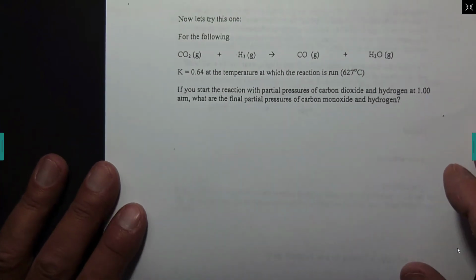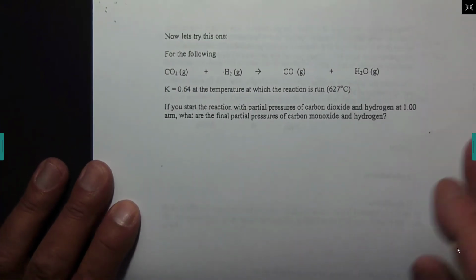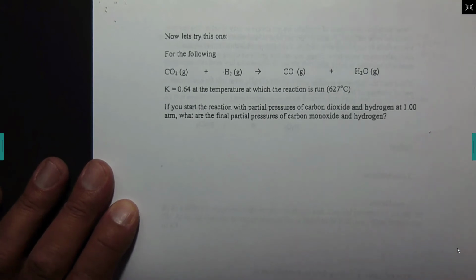Now, if you want more practice with these types of problems, the very next page I give you, not a blank page, but dang near blank page, is the same type of problem.